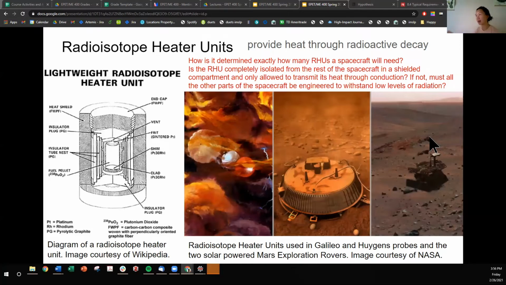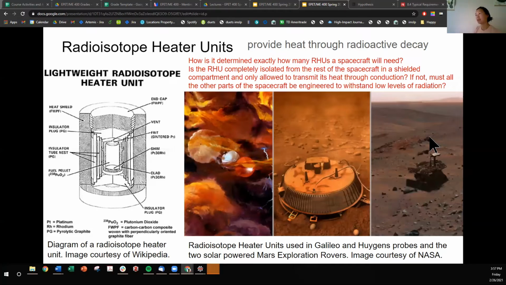So that's generally how you determine how many RHUs. Specifically for an RHU, they're tested and characterized with the amount of heat that they give off at a constant rate. So I guess you divide the amount of heat that you need in your spacecraft by the heat per RHU, and given that ratio, you know how many RHUs your spacecraft will need.